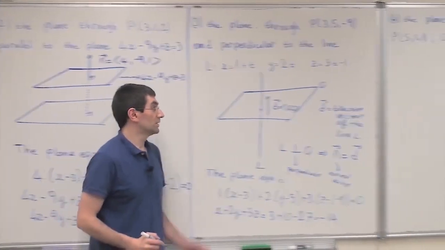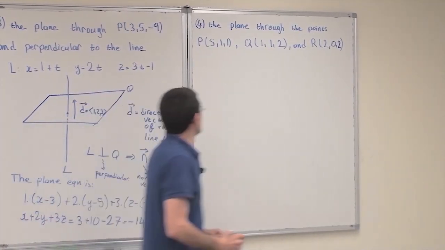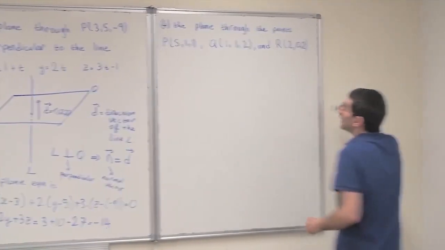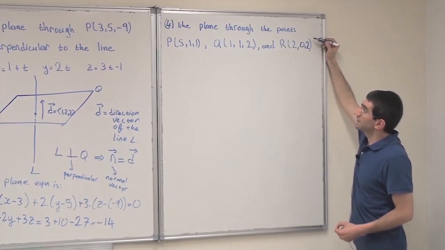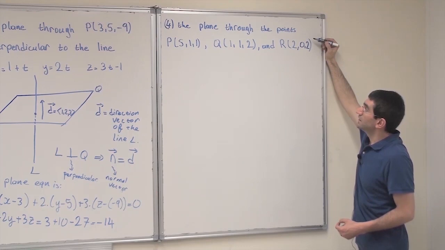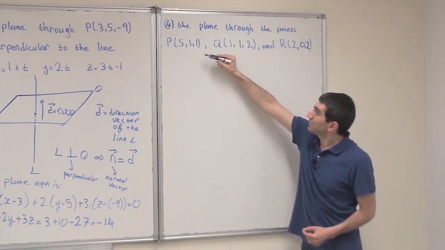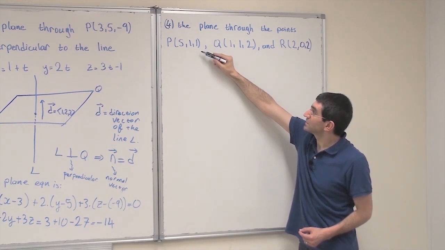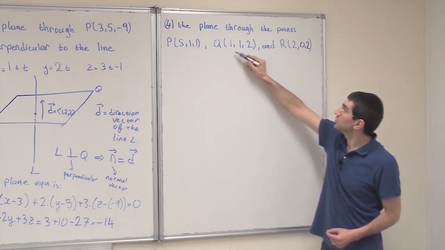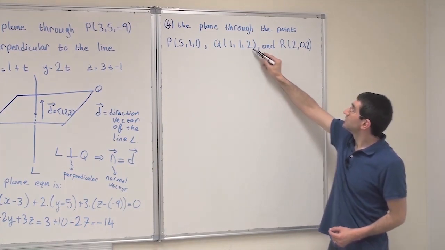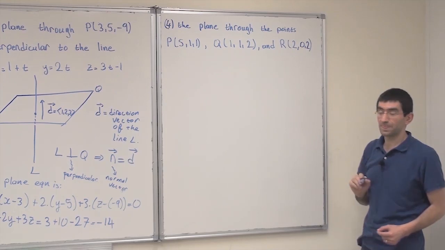Okay, so let's move on to our next exercise. In this exercise, we again want the plane equation, but this time we are given the information that our plane passes through these 3 points: P with coordinates 5, 1, 1, Q 1, 1, 2, and R 2, 0, 2.